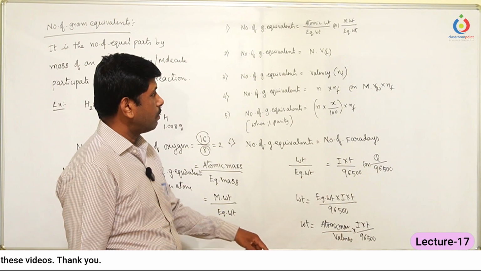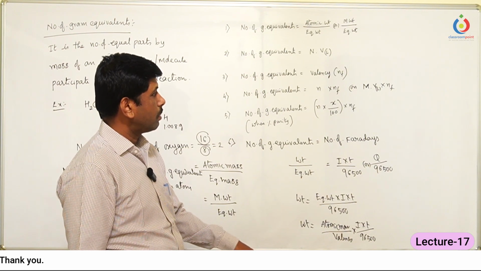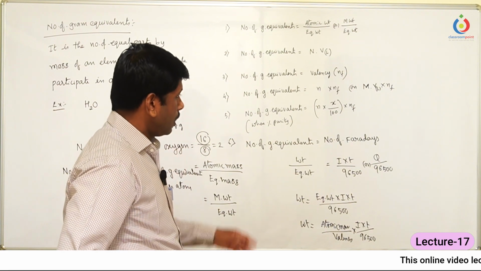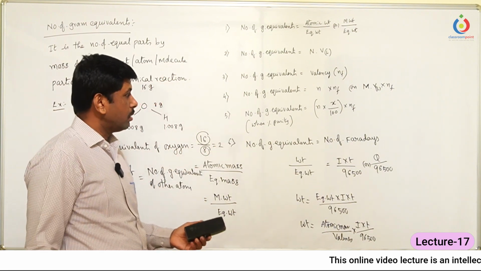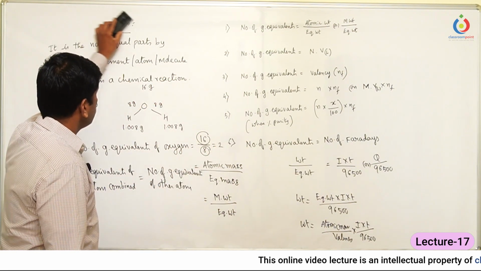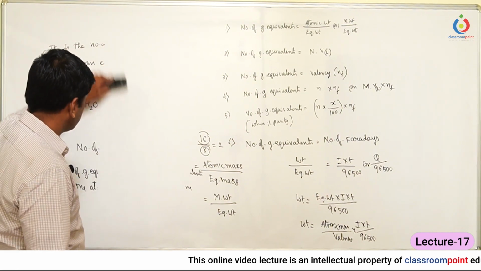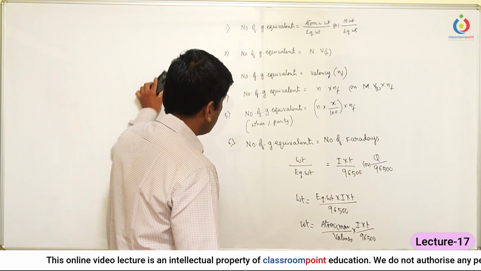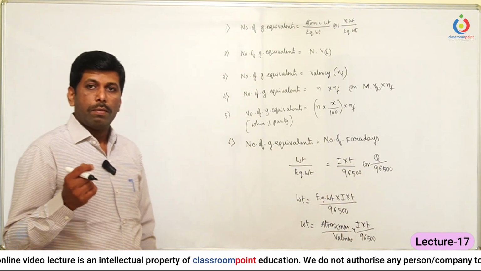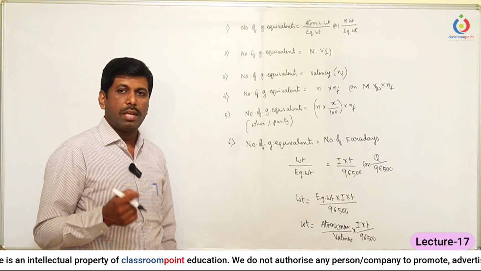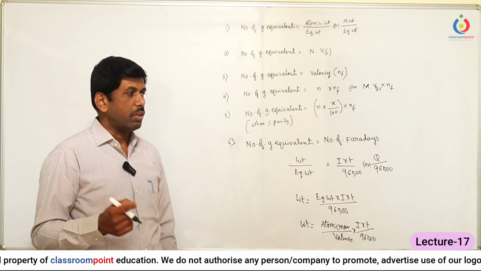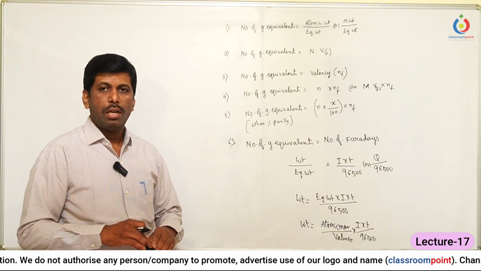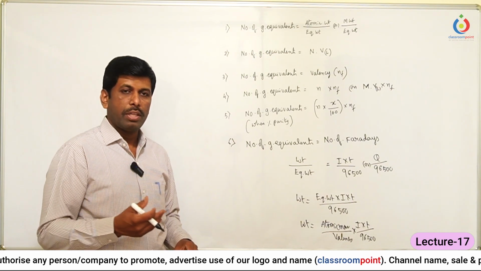Molarity equals the number of moles per volume. Now let us solve the questions using this. Before that, we shall see which methods are helpful in determining the equivalent mass. Afterwards, we can include everything together in solving the questions.